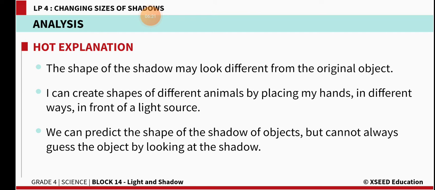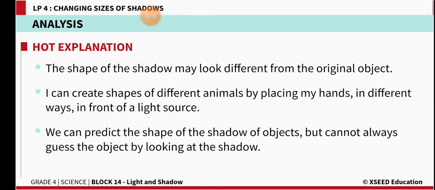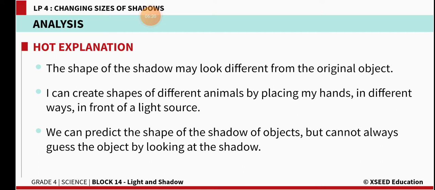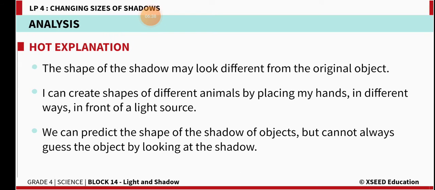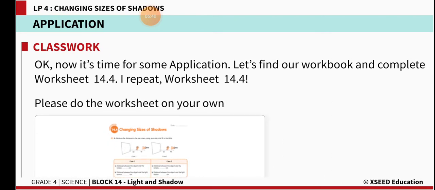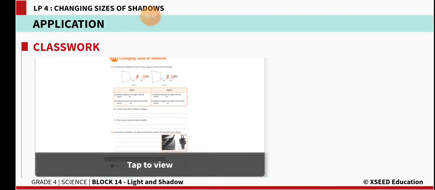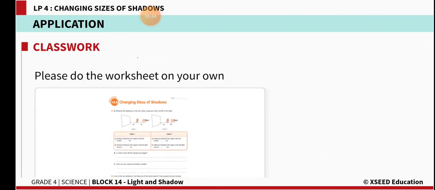We can predict the shape of the shadow of objects, but cannot always guess the object by looking at the shadow. So we don't know the exact size of the object by looking at its shadow, right?